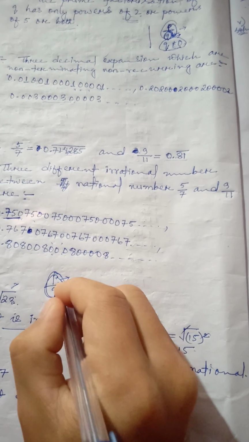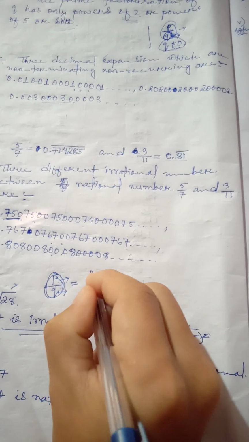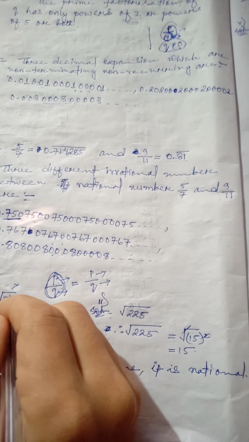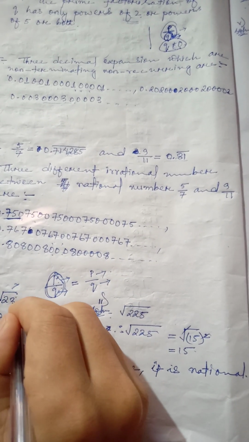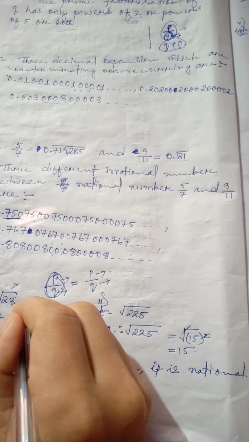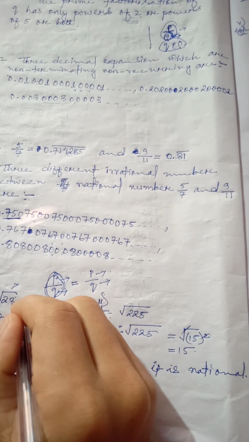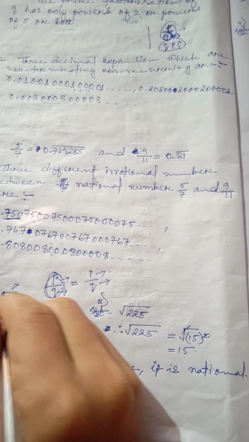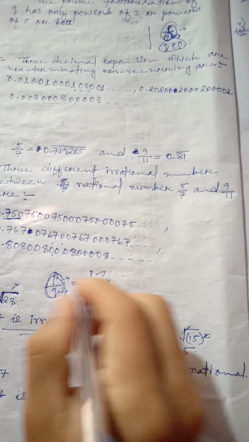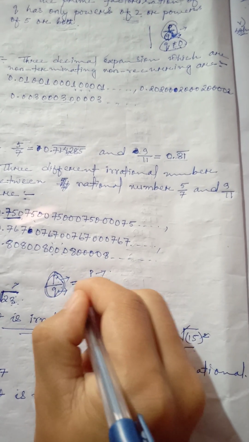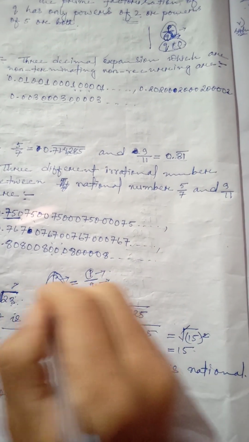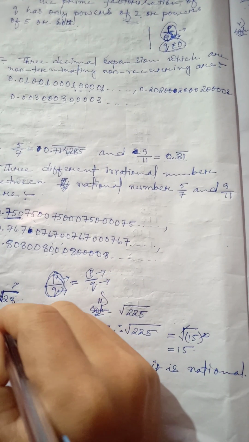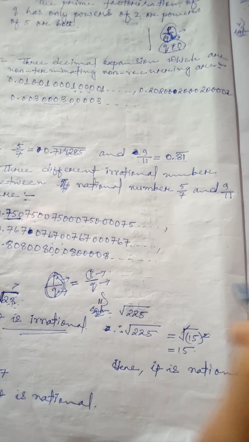The value of p, that is root over 23, is not in the form of an integer. So this number cannot satisfy this condition. Based on this, we can conclude that this belongs to irrational numbers.